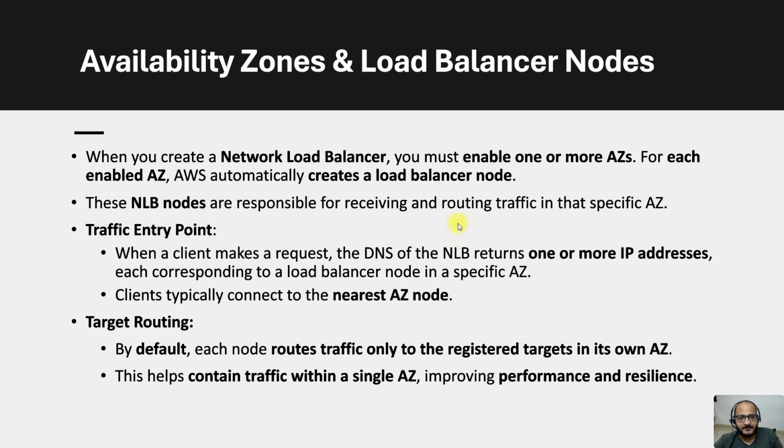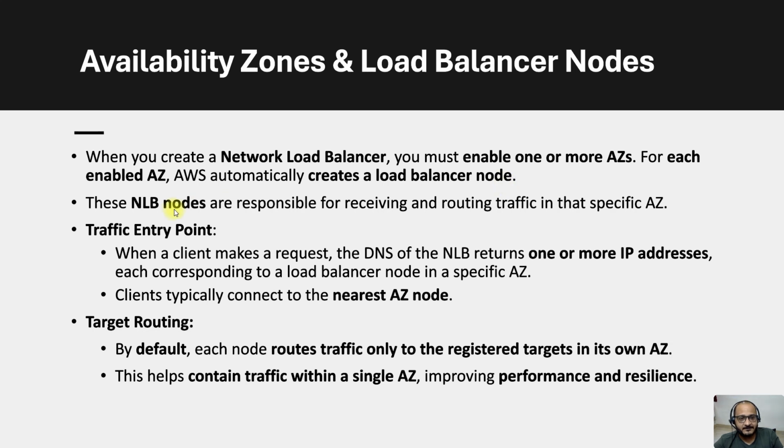Another thing we have in NLB is the availability zone and load balancer node. When we create a network load balancer, we have to enable one or more availability zones. Availability zones are physical data centers which we have across the globe. For each enabled availability zone, AWS automatically creates a load balancer node.